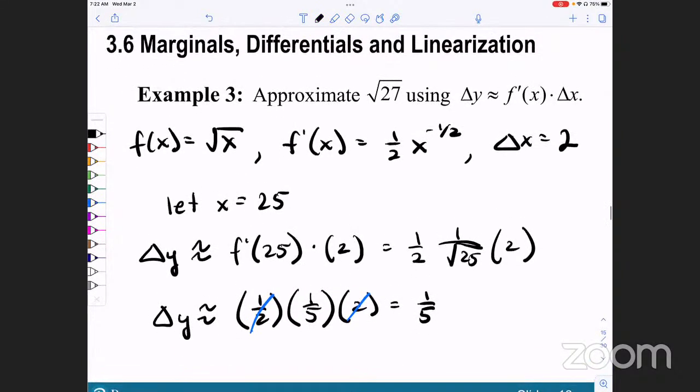Then we should be able to say that the square root of 27 is the same as the square root of 25 plus your change in y, but then we approximated the change in y. So this is going to be approximately 5 plus 1/5.